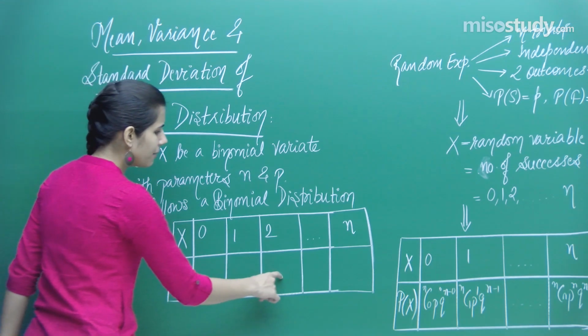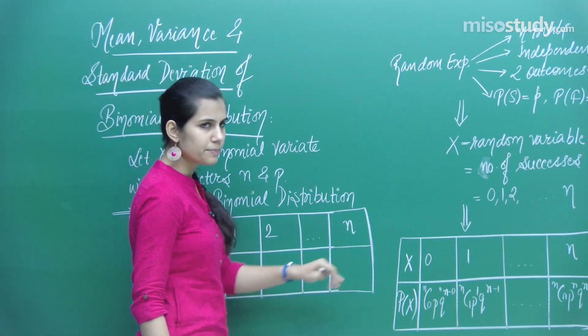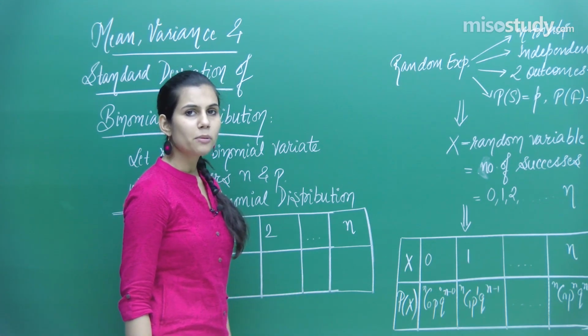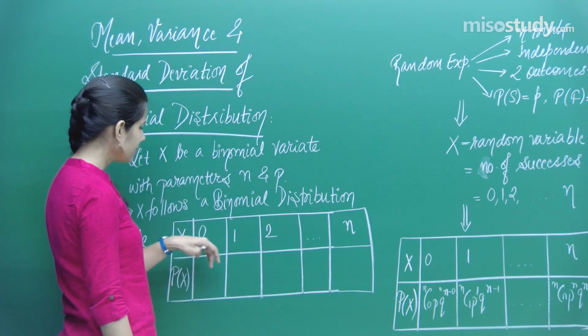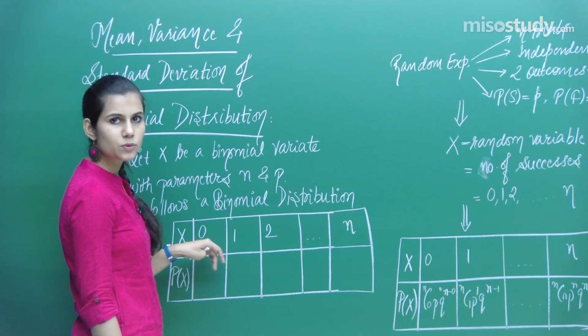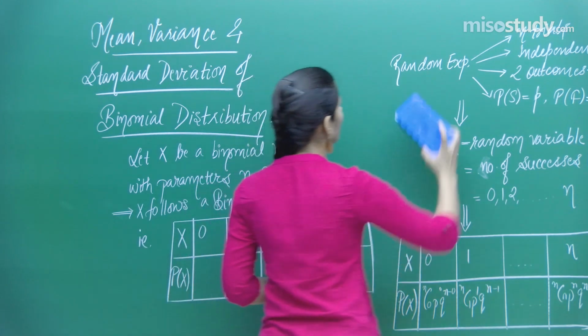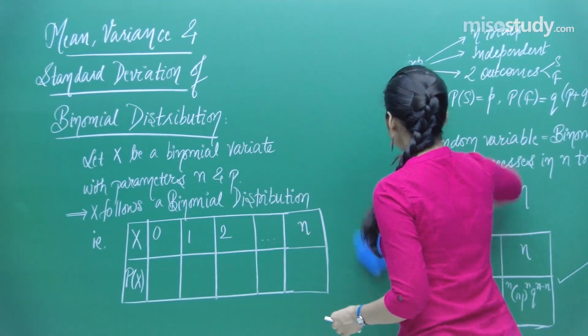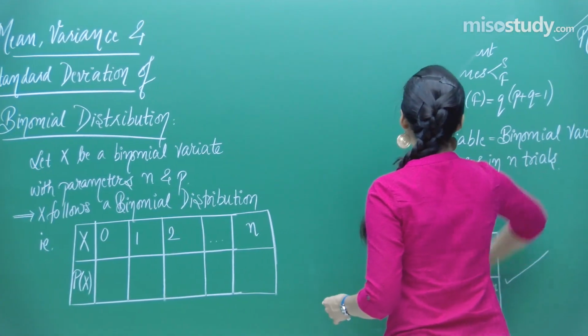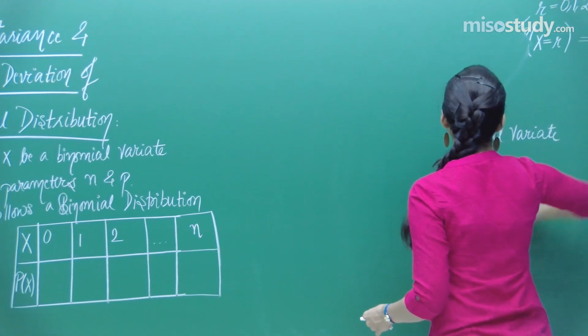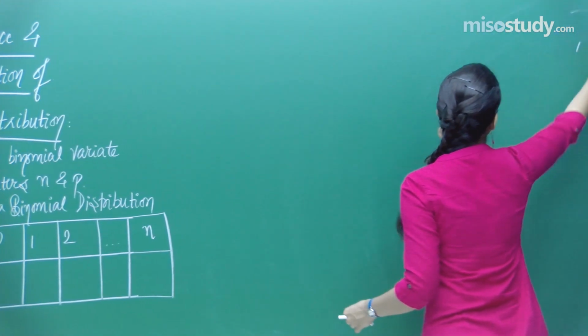Here what is going to come? P1, P2, P3 up till Pn. What are my probabilities? Probability of getting capital X equals 0 is what? Because it is a binomial variate with parameters n and p, I have a direct formula to get the probability of R successes in n trials. I just need n and p to actually get that probability.